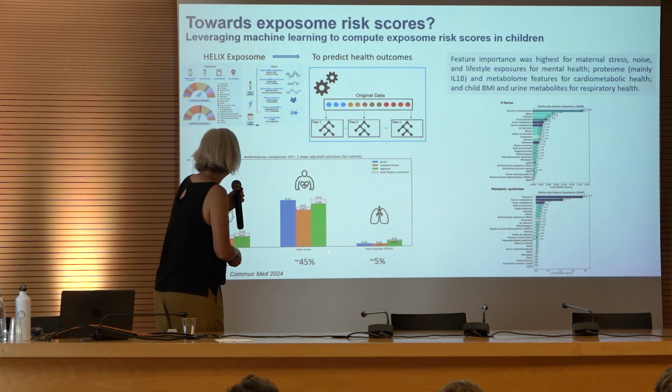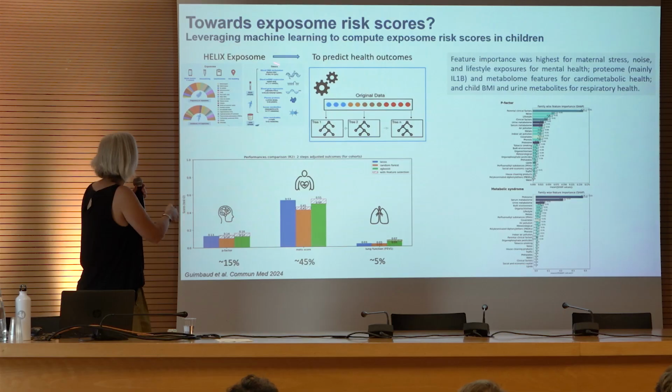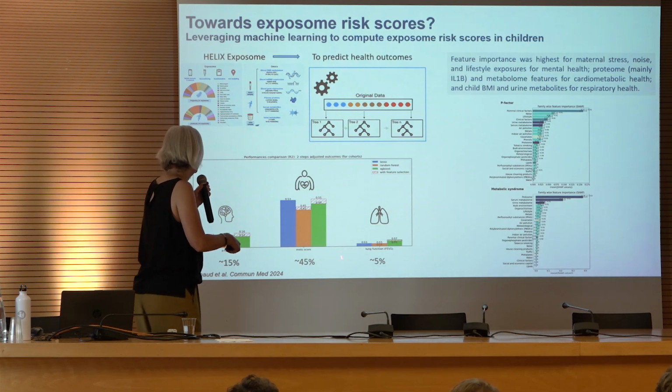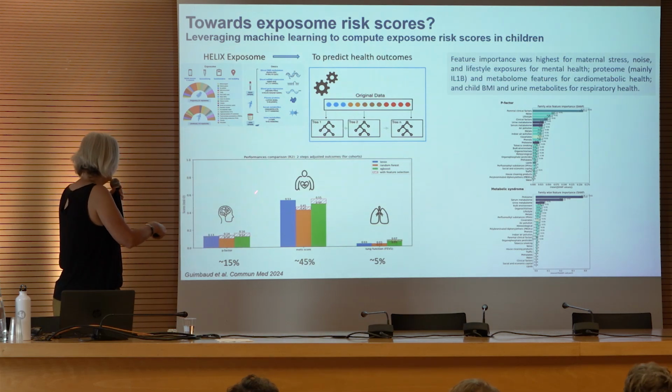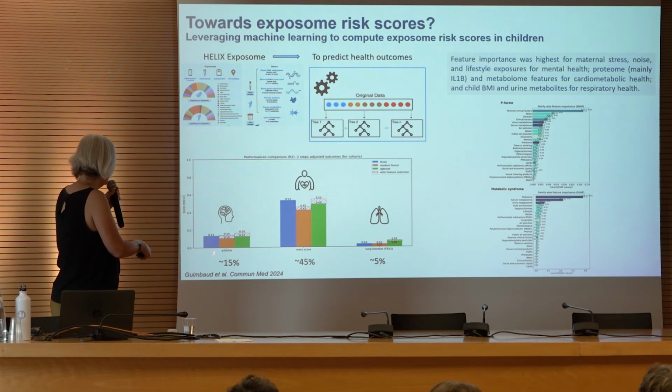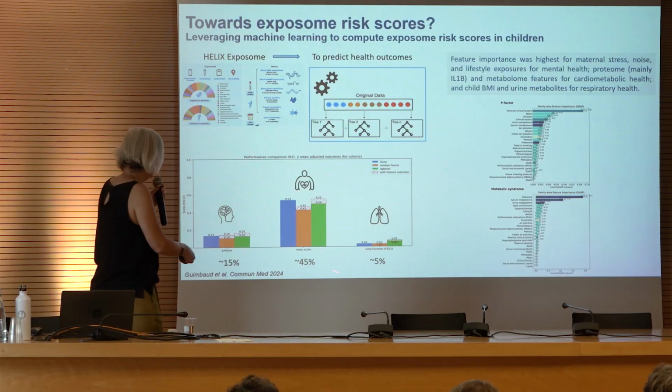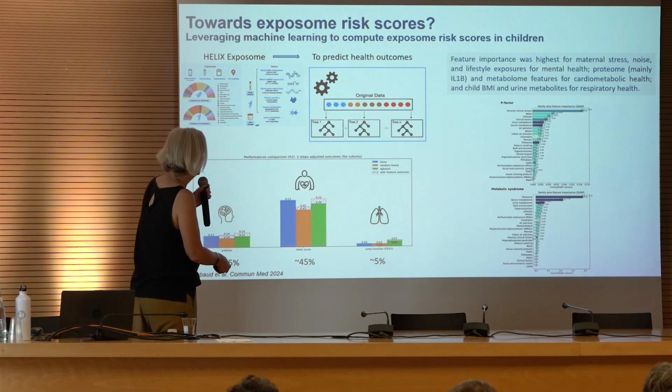And what we found is that, we used all the variables available in the database, including all the omics data, to try and predict these different outcomes. And we found that doing that, you can predict about 45% of the metabolic risk score, 15% of the behavioral problems risk score, and then only 5% of the lung function.